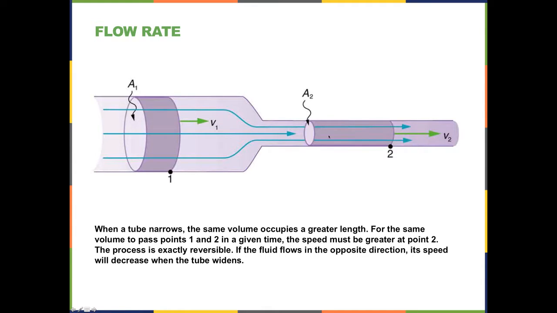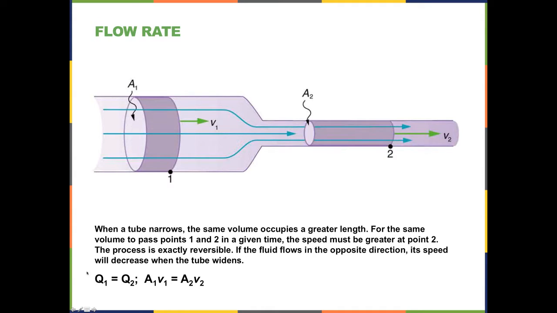If you're traveling from a narrower tube to a larger tube, then the velocity has to slow down. That's because the flow rate remains the same. So if the area gets smaller, the velocity has to increase. If the area gets larger, then the velocity has to decrease.